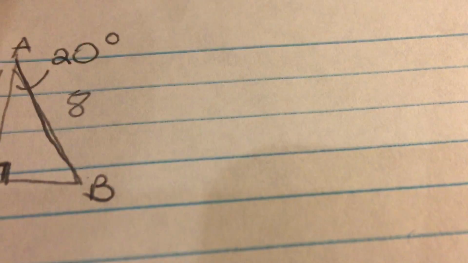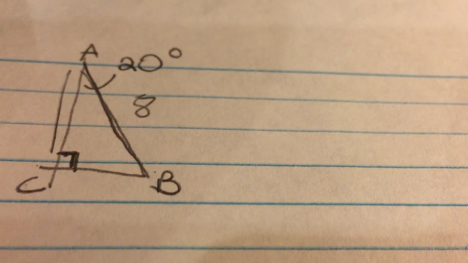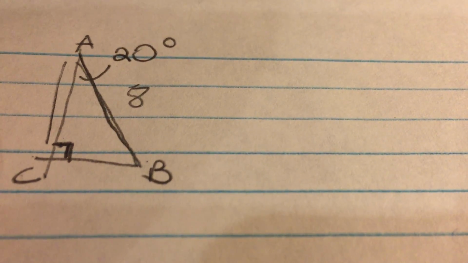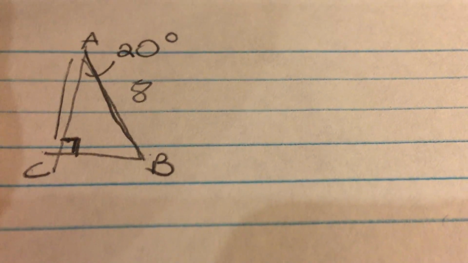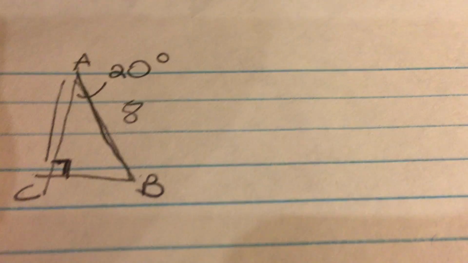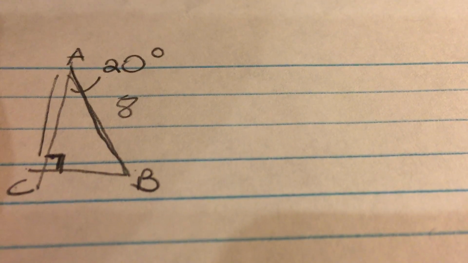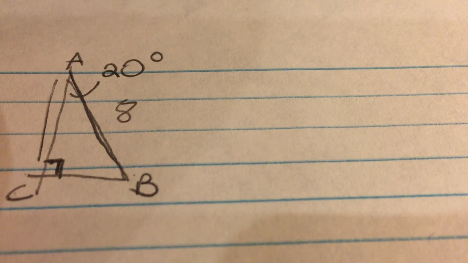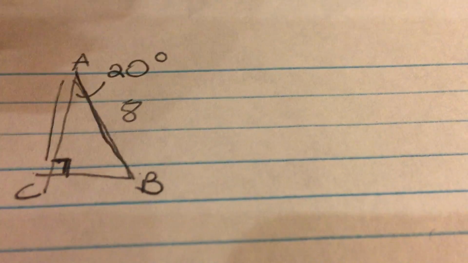Let's make this 8. The hypotenuse is 8. You can pause and solve this, and when you're done, you can watch me try and solve it. Hence the word try.